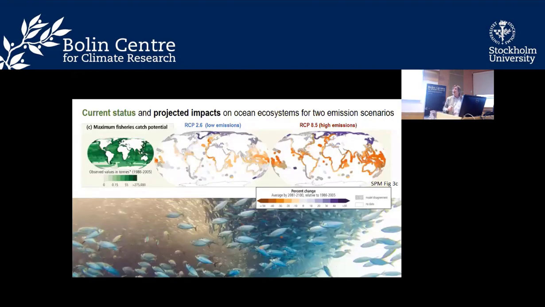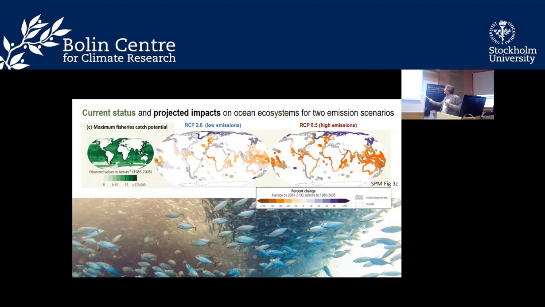It looks at the top predators, the things that we catch and the things that are important to people, and that's fish or fishery catch potential. It doesn't necessarily mean that that is what we will catch, but it's the catch potential, what is available there. If one looks at the maximum for the fisheries, the left-hand side, as before, is the simulated present, low emissions and high emissions.